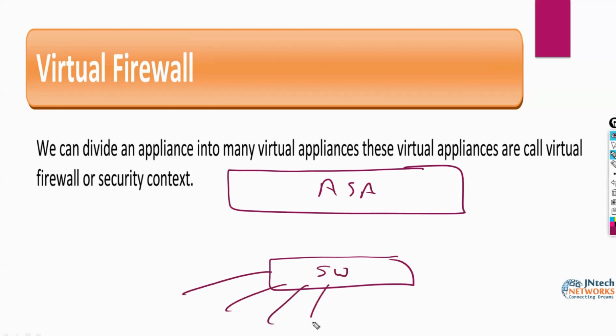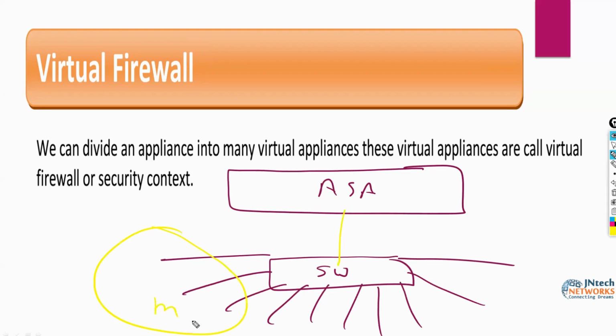In my LAN side, we have multiple VLANs, multiple departments. This is your marketing department, maybe VLAN 10. Sales department is VLAN 20. HR department, VLAN 30.